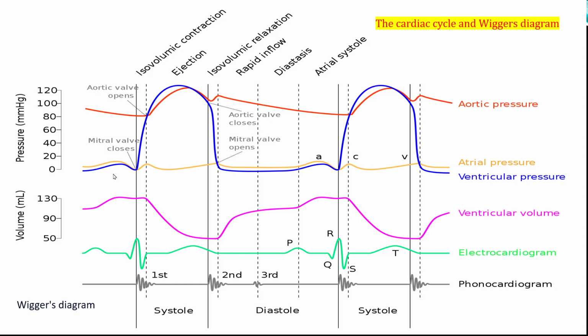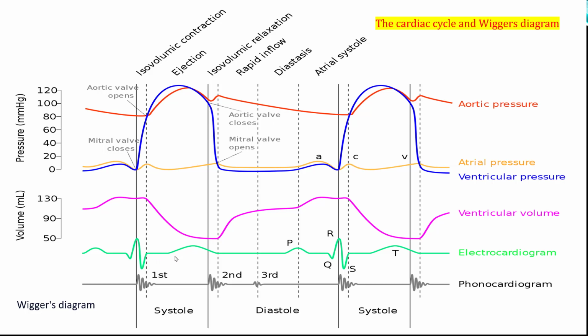These are the 3 upward stroke curves in the diagram. Downward curve in the diagram shows depolarization of the ventricle and a decrease in the volume of the ventricle. So let's discuss them one by one.